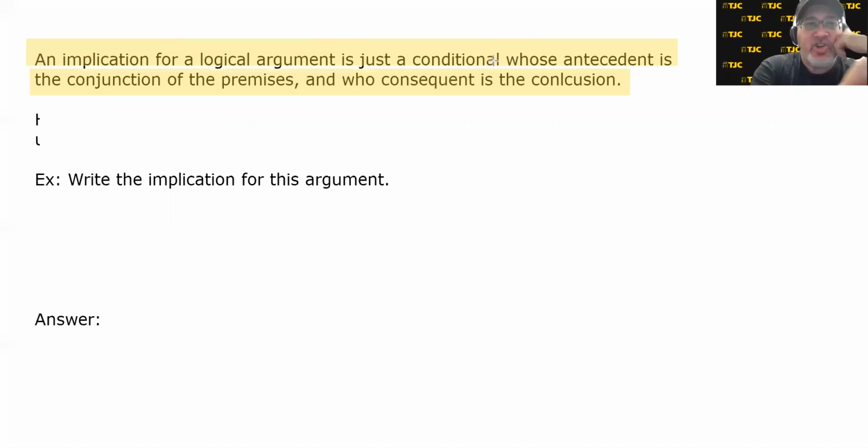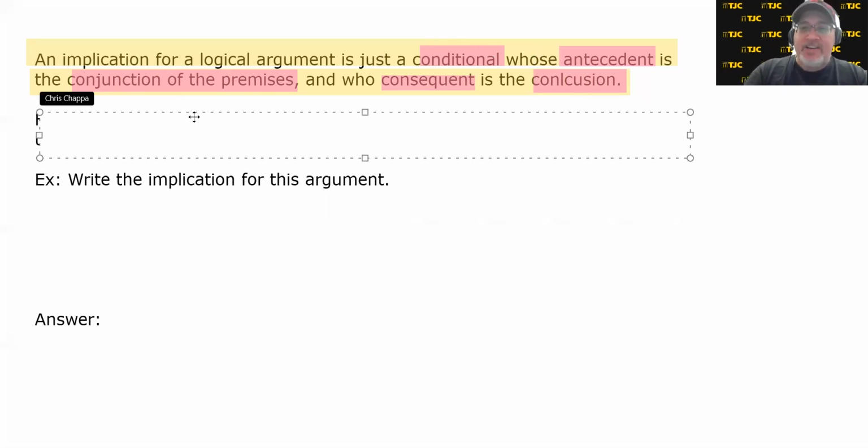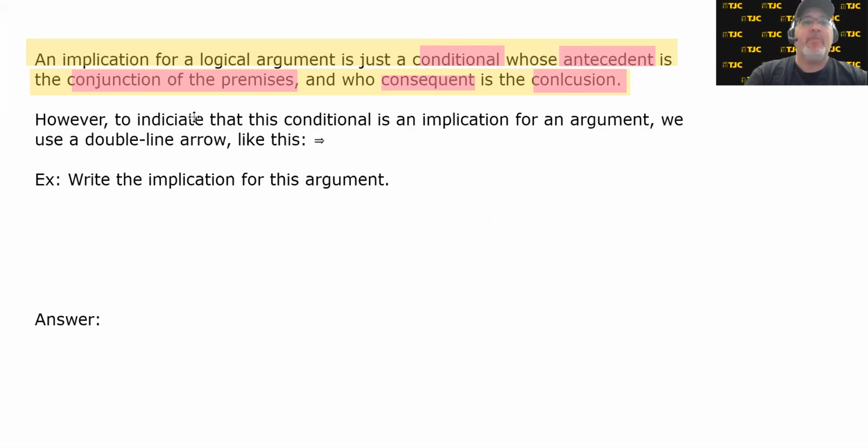An implication is a conditional, okay, whose antecedent, the part to the left of the arrow, is the conjunction of the premises. Conjunction, meaning the word and, whose consequent, the part after the arrow, is the conclusion of the argument. That sounds like a lot to swallow, but it's actually pretty easy to process.